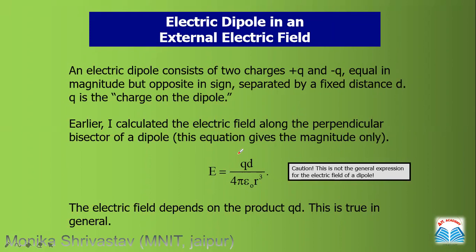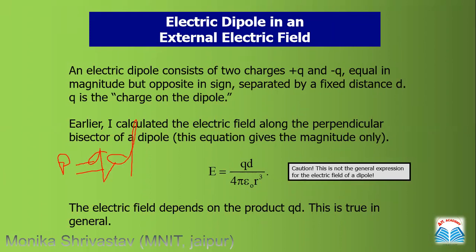And this electric field depends on this Q into D. And what is this Q into D? This is our dipole moment, which we also write as P. So we write P equals Q into D as our dipole moment in electrostatics.